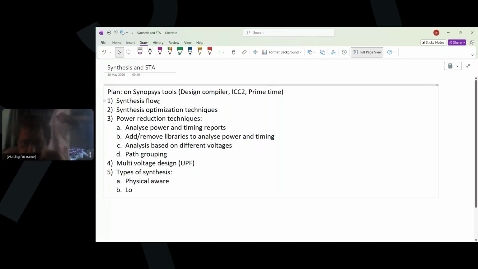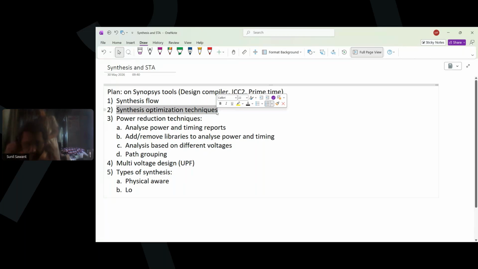We are going to go through the theoretical concepts of synthesis and then do it in the lab also. We are going to run the synthesis, and after that we are going to see what optimization techniques the tool is doing inside. Those are called synthesis optimization techniques.